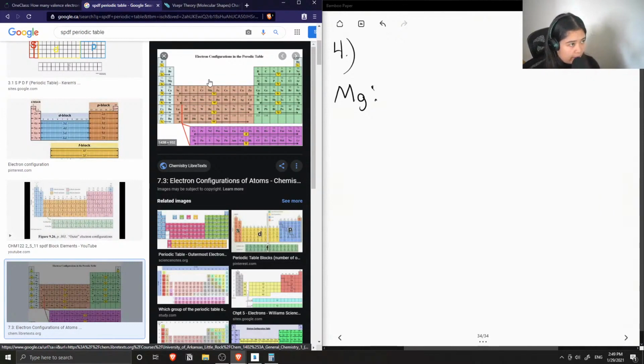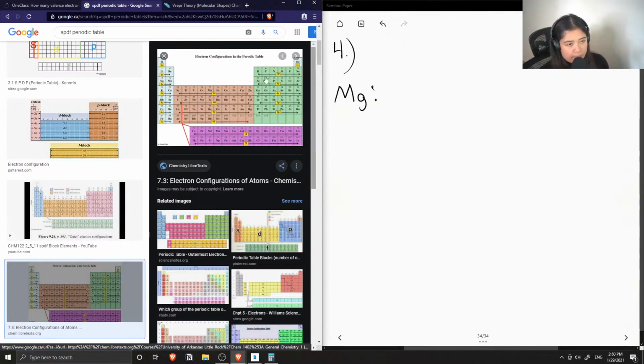We can divide it into the s orbital, which is shown in the light blue, including the helium atom here, and the p orbital, which is in green, and the middle transition metals is the d orbital, or the d block, and the last two rows, the lanthanides and actinides, is the f block.